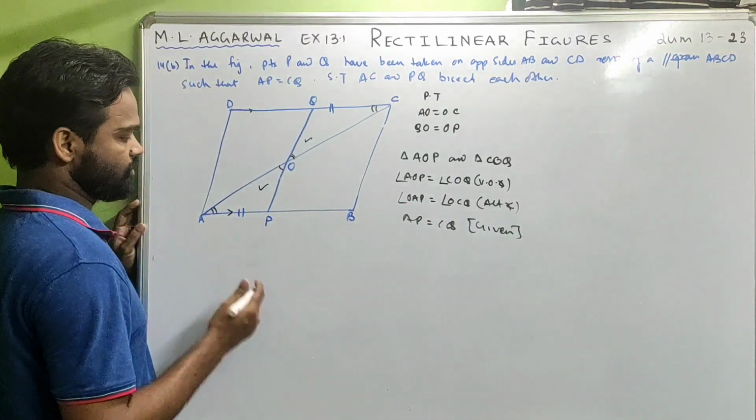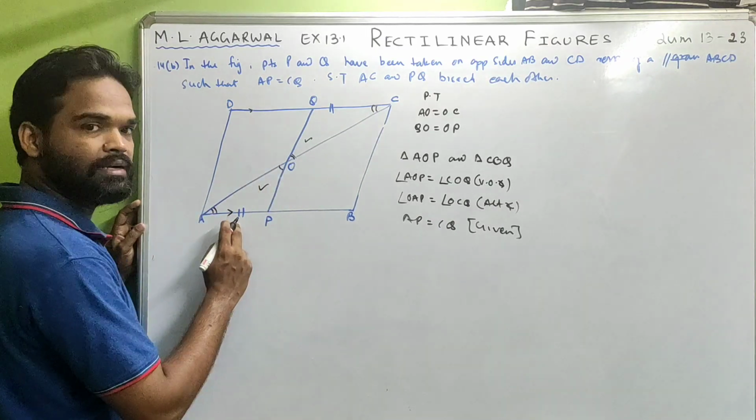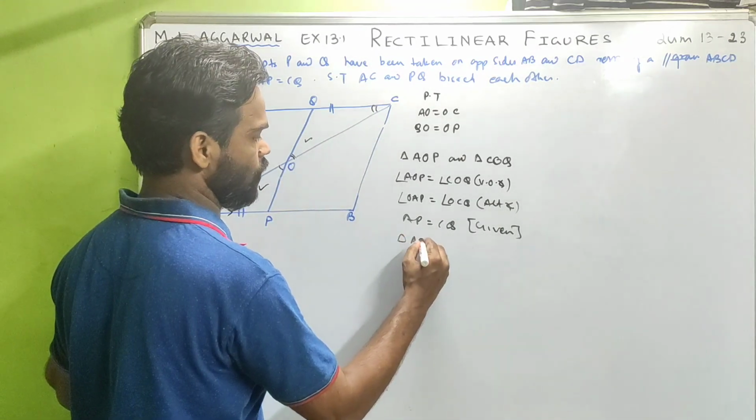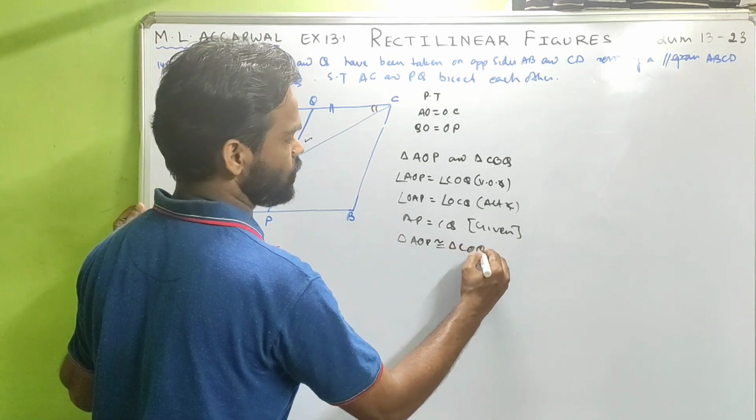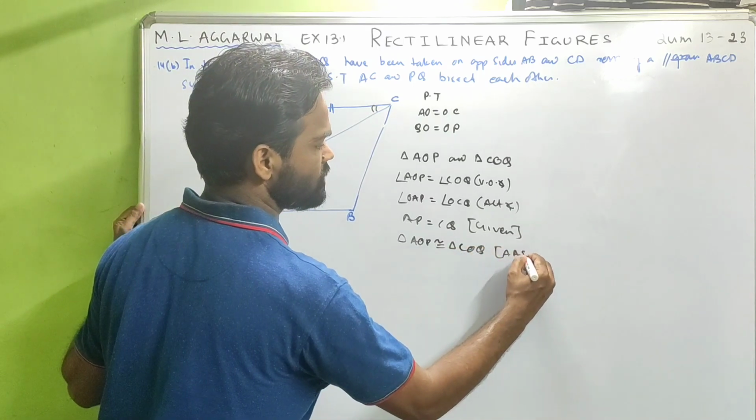Okay, which means angle side, which means triangle AOP is congruent to triangle COQ. Why? Angle side.